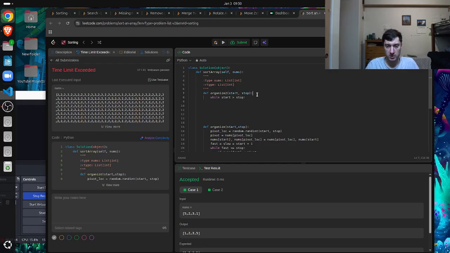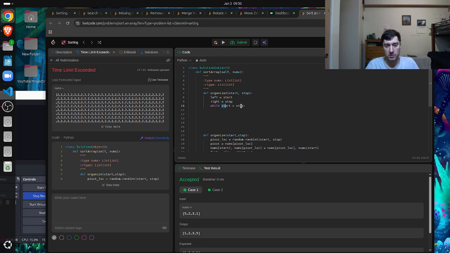Oh, actually, it's not going to be start and stop. It's going to be while left is equal to start, right is equal to stop, okay?